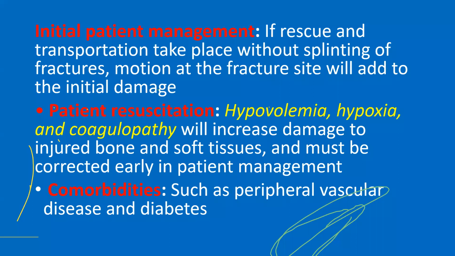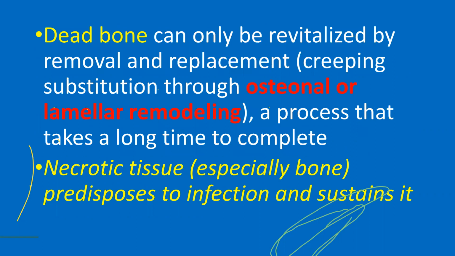Patient resuscitation, hypovolemia, hypoxia, and coagulopathy will increase damage to the injured bone and soft tissues and must be corrected early in patient management. Comorbidities such as peripheral vascular disease and diabetes should be taken care of.